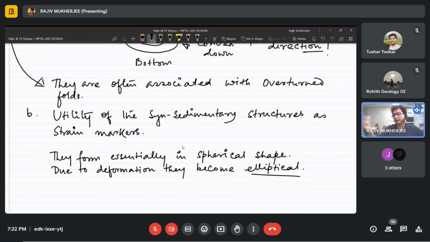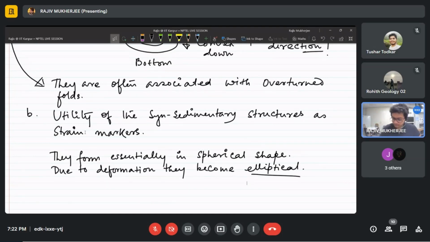This is primarily from the lecture. It has also been very elaborately described how the long axis of these ellipses would give us the stretching direction, and from that we can have an estimate of how much strain has been accommodated by this convolute or sedimentary structures.